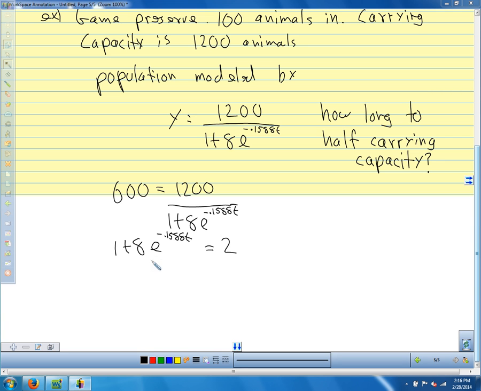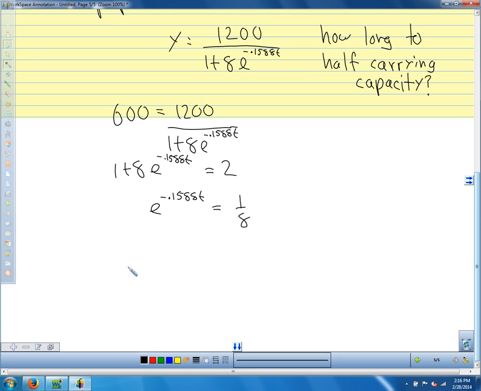I want to get the exponential function by itself, so I subtract the 1 and divide by 8. So I get e to the negative 0.1588t equals 1/8. And now I can take the natural log of both sides. I get negative 0.1588t equals the natural log of 1/8.